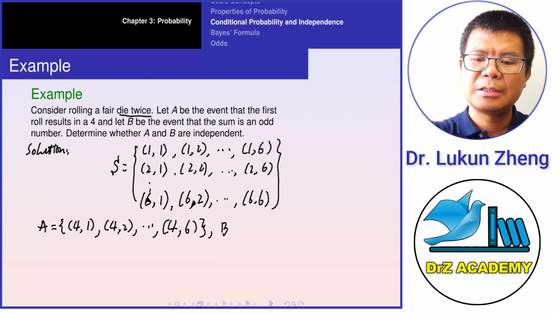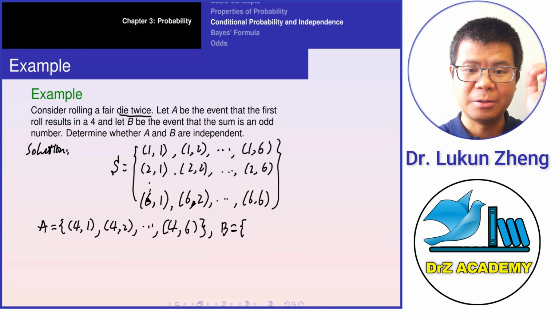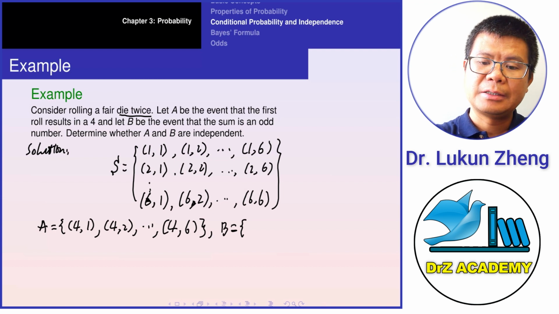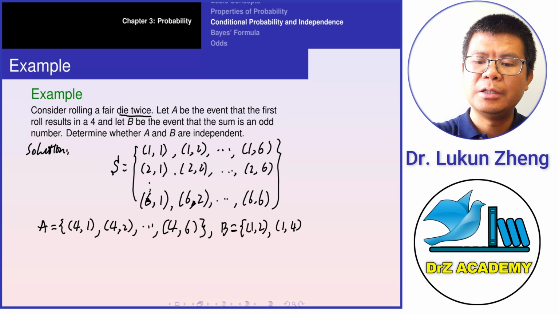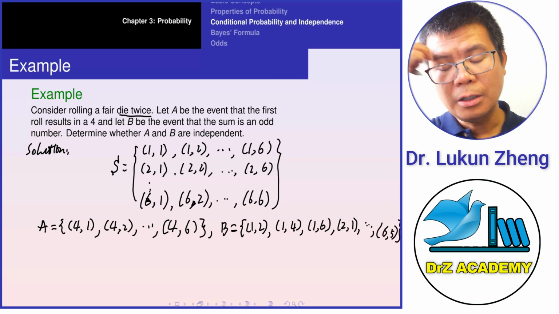What is B? B says the sum is an odd number. So it's going to be 1,2, where the sum is 3, and 1,4, and 1,6. Now you have 2,1, and you need to find all of these, and in the end you have 6,5.